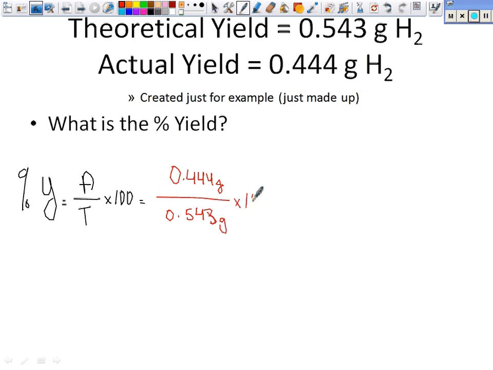All right, what percentage did you guys get? 82. Okay. Now, this is something that's going to change a little bit from the way I taught it last year. Last year I always said I want just a whole number percentage. This year, let's go with the number of significant figures in the problem.